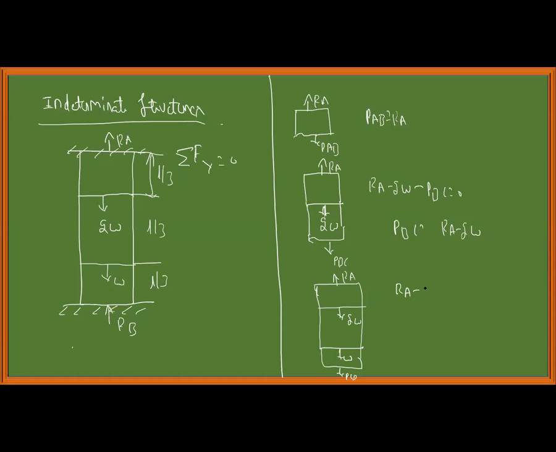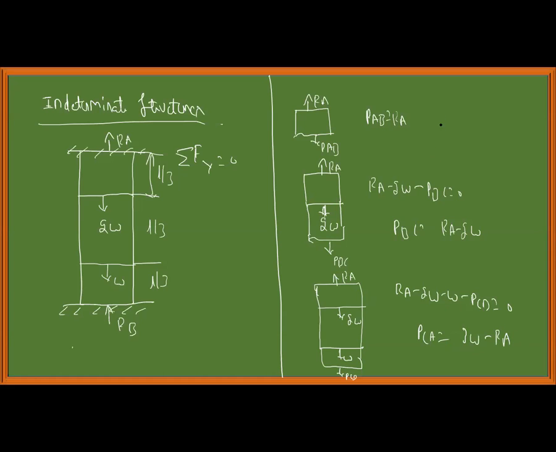RA minus 2W minus W minus PCD is equal to 0, or PCD is equal to 3W minus RA. Is this right?